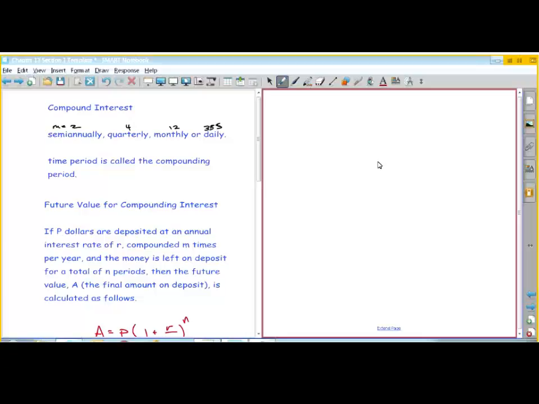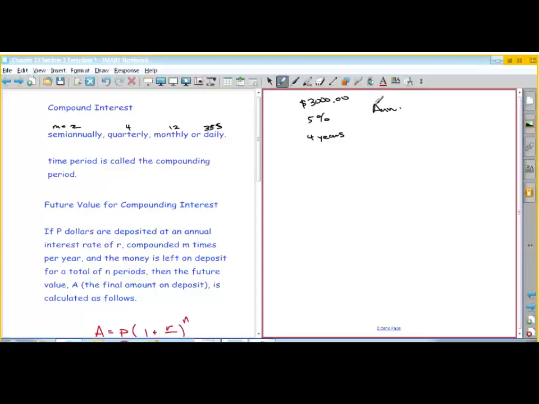So what I want to do is look at quarterly and daily, and then we'll go to continuous. So we want to compare how much different there is. In a previous case, we went from simple interest, which is the least amount that you're going to get, to compounding annually. So let's do the same numbers, which I think were $3,000, 5%, 4 years.